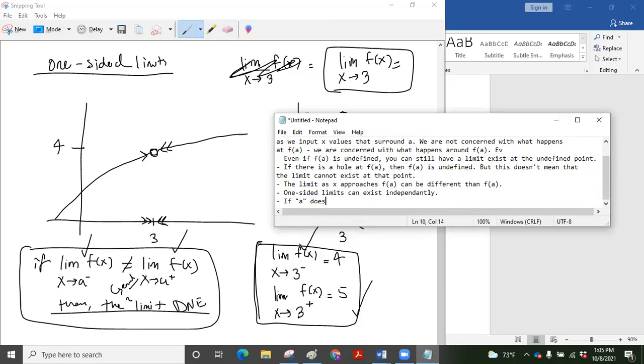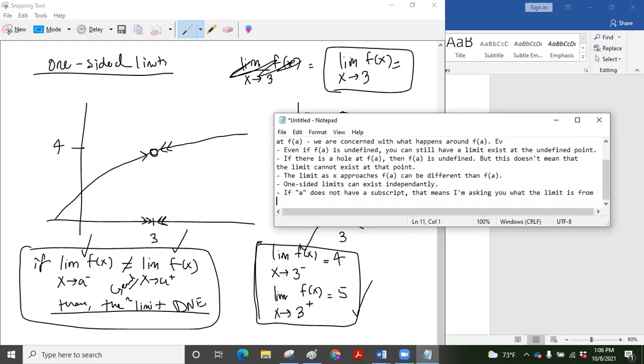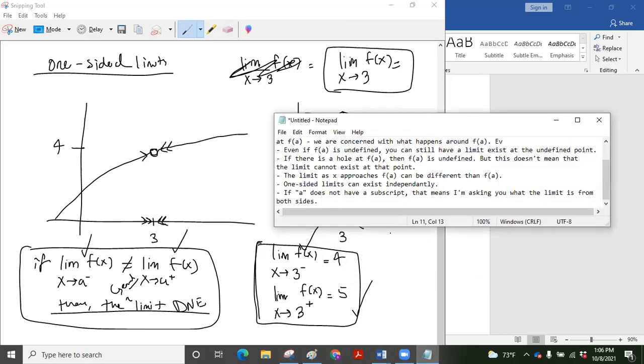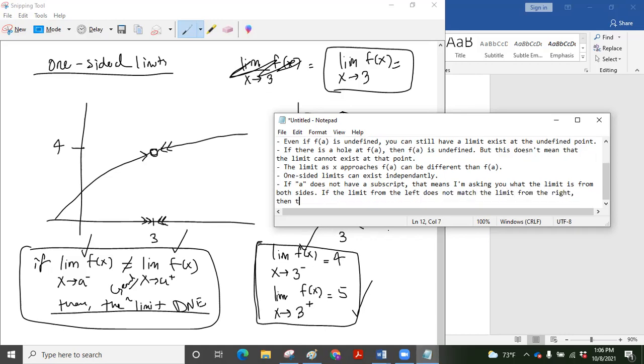So the takeaway here is that if a does not have a subscript, that means I'm asking you what the limit is from both sides. And we can extend this and say, if the limit from the left does not match the limit from the right, then the limit does not exist.